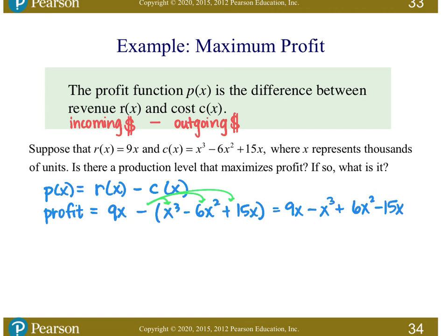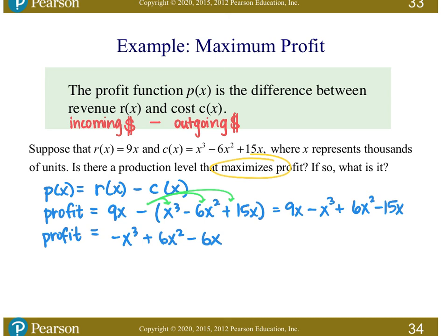And if I combine like terms and put everything in the right order, the negative x cubed comes first, the 6x squared comes next, and then negative 6x is the combined like terms. That is the profit equation. Haven't used any calculus yet, but I'm ready because I want to maximize the profit. That's the key word that tells you you need to do some calculus.